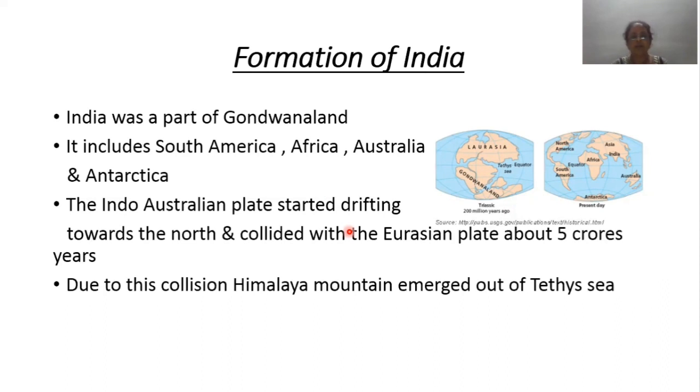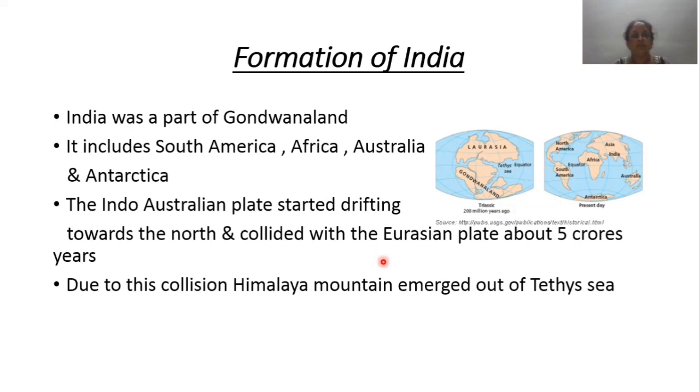India was a part of which ancient landmass? Gondwana land. Which continents were included in that Gondwana land? South America, Africa, Australia, and Antarctica. And over a period, the Indo-Australian plate started drifting towards the north, and it is believed that this plate collided with the Eurasian plate about 5 crores of years ago.